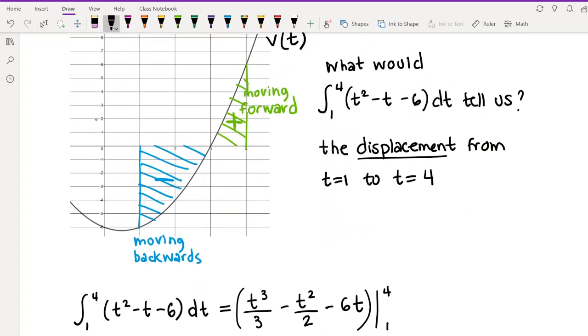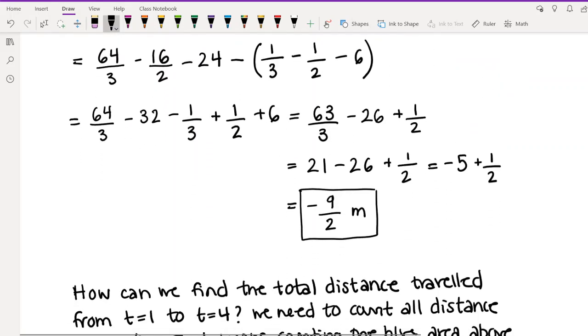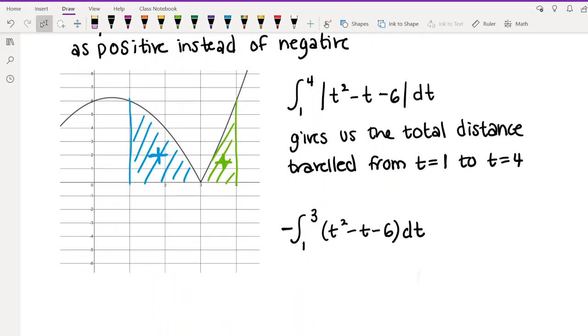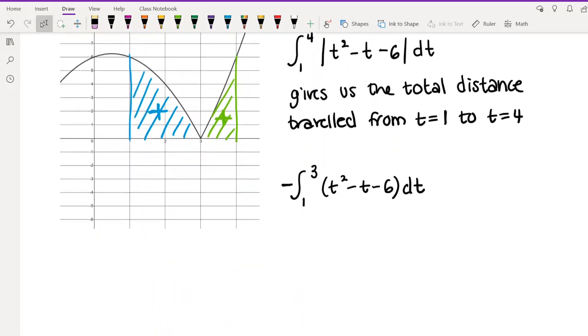If we just do the integral from 1 to 3 of the original function, we are for sure going to get a negative number just by looking at this picture. And so if I put this extra negative sign out front, that's going to counteract the original negativity and now give us a positive result. So this negative sign here is in order to make the area positive, because two negatives give you a positive.